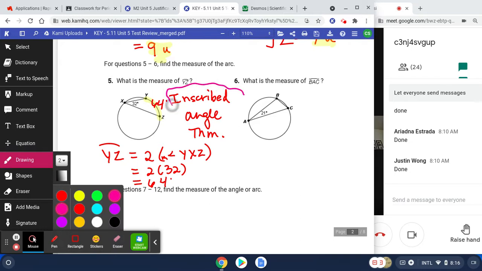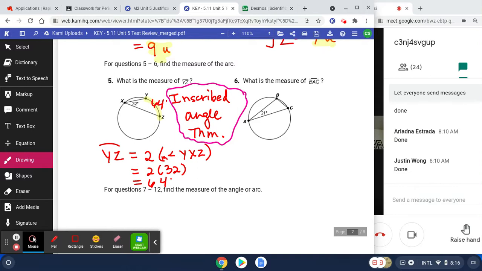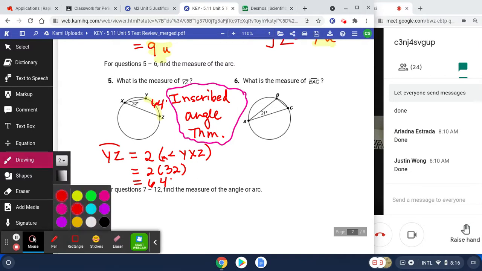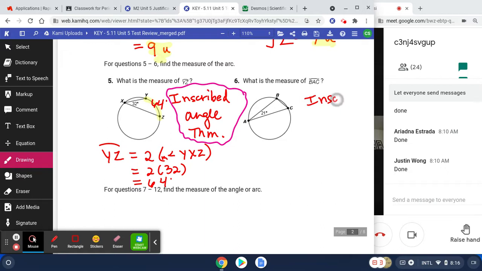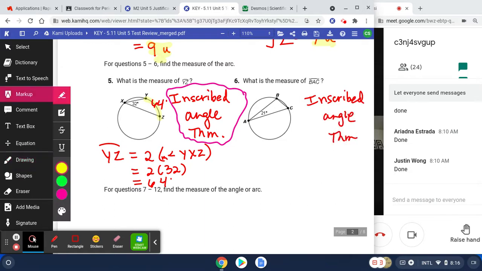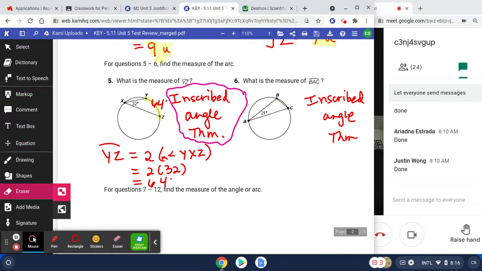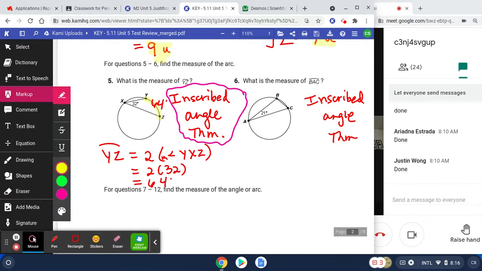Using this same rule, inscribed angle theorem, we're going to go do the other one. But this time, they're not just asking for little BC. No, they're asking for the big outside arc, BAC.